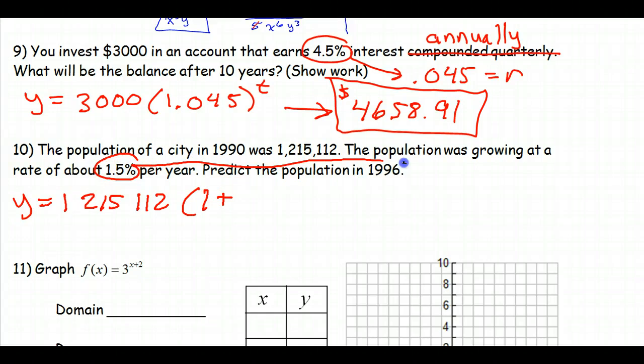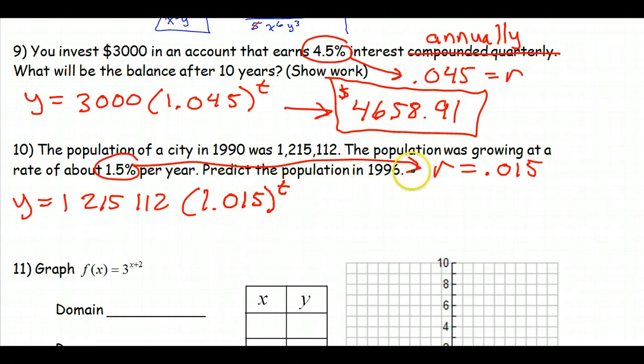Okay, this 1.5% translates into an r value of 0.015. So I'm going to do 1 plus 0.015, which of course is 1.015. All right, so I'm going to go ahead and put those together. All right, so that's the model that we're using.